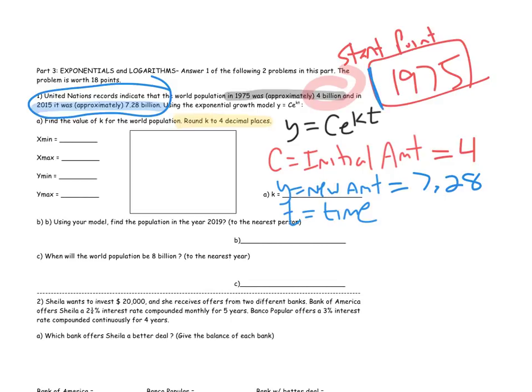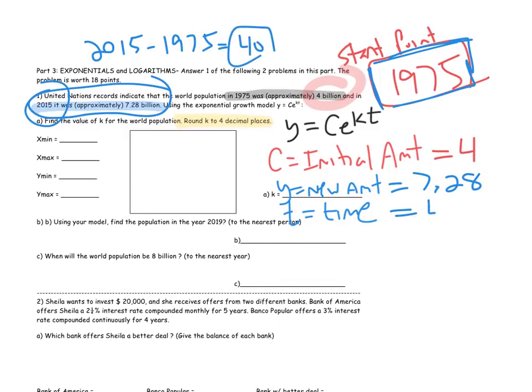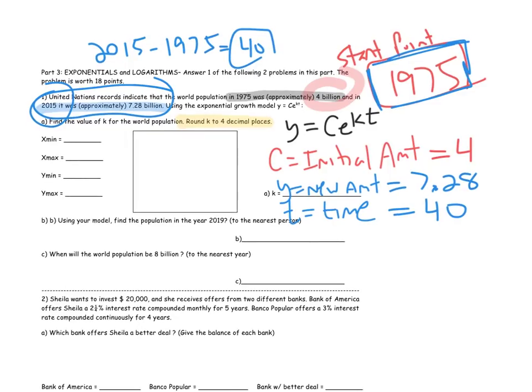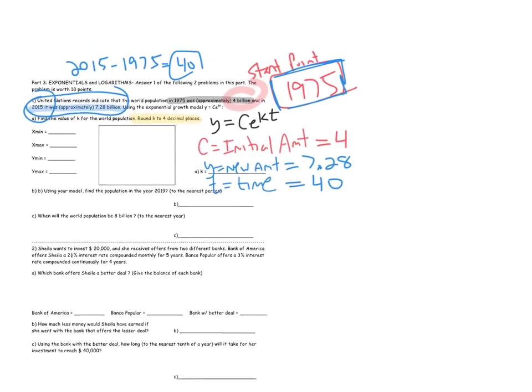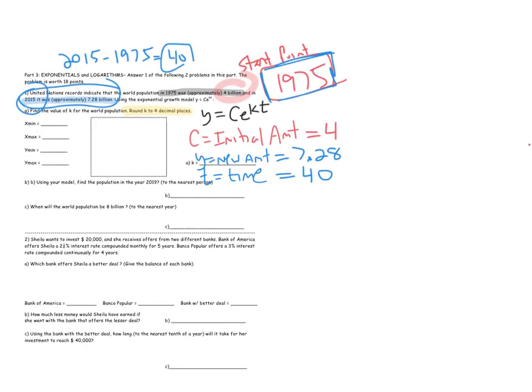Since the starting point was 1975, then it says 2015. If I subtract those two values, I get 40. So that means the time will be 40 when the new amount is 7.28. And we're going to plug into that exponential model, y equals c times e to the kt power, to figure out what our k value is.